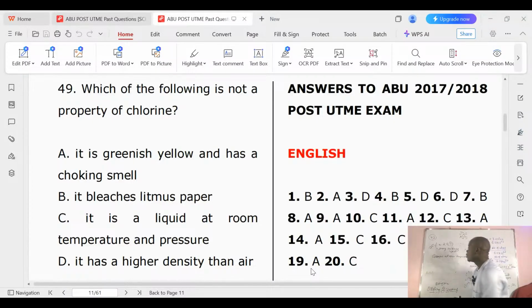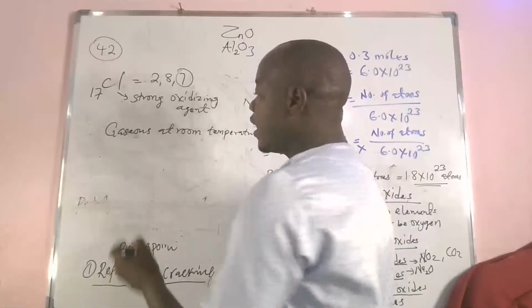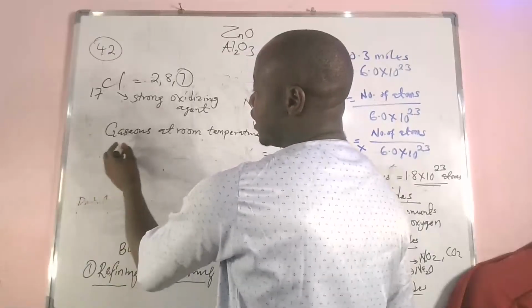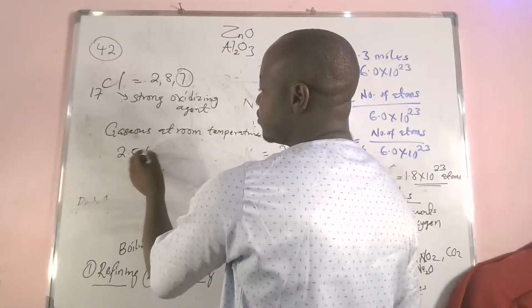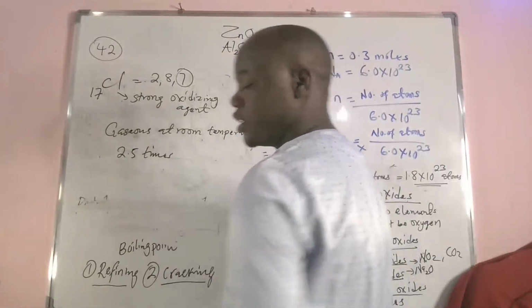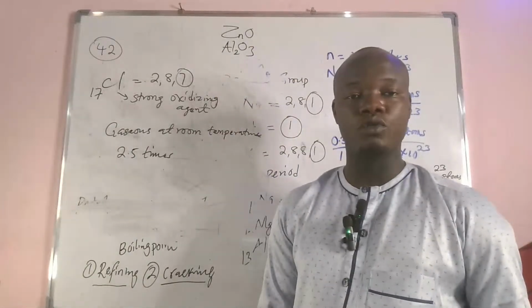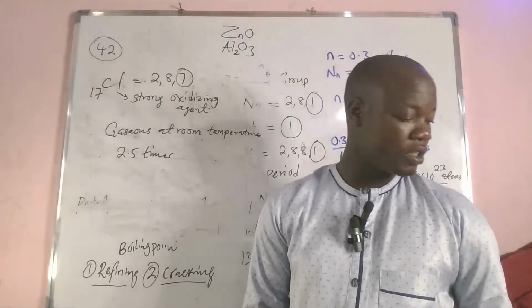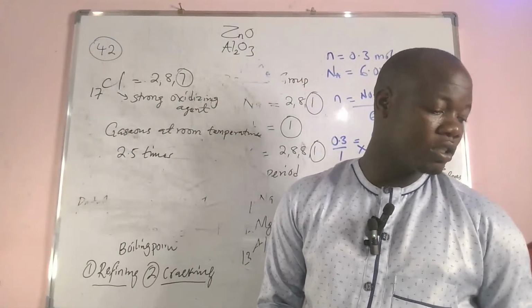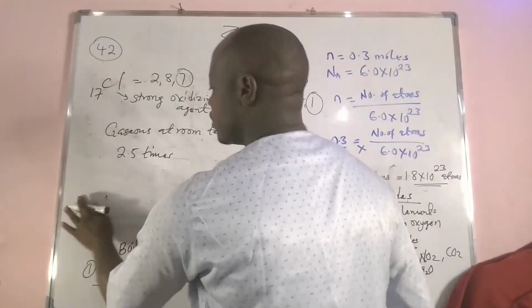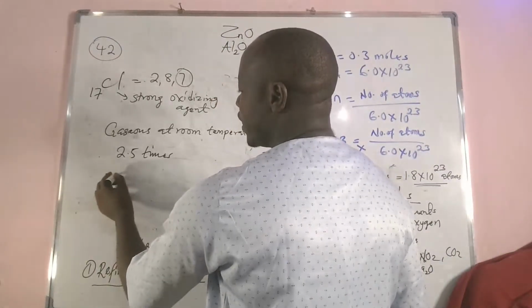And then chlorine is denser. That is, it has higher density than air, by 2.5 times. And then the next one, it is poorly soluble in water.